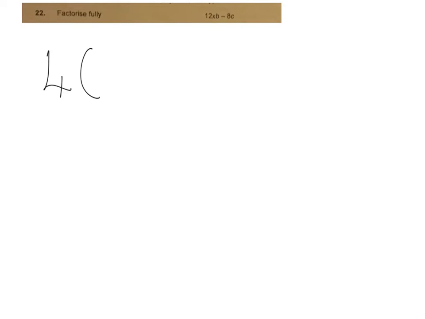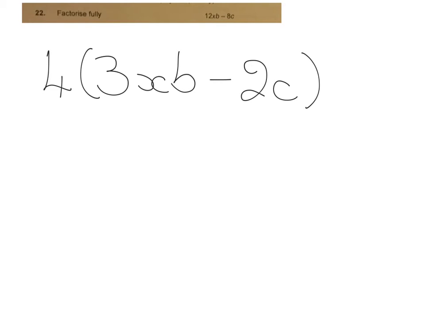Then we need to think what's going to go inside the bracket. So 4 times something equals 12xb. 4 times 3xb makes 12xb. Next, 4 times something equals 8c. 4 times 2c. Close your bracket and that's it done.